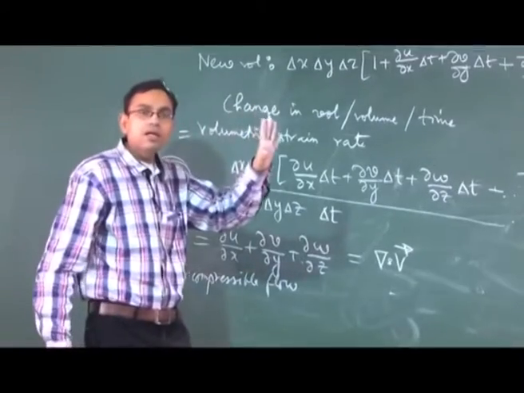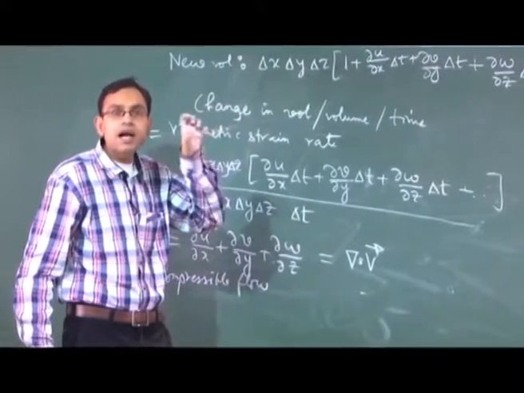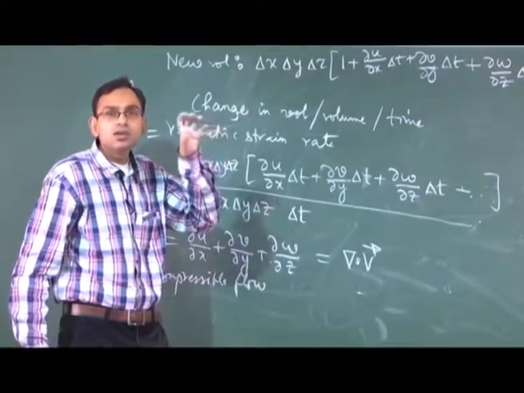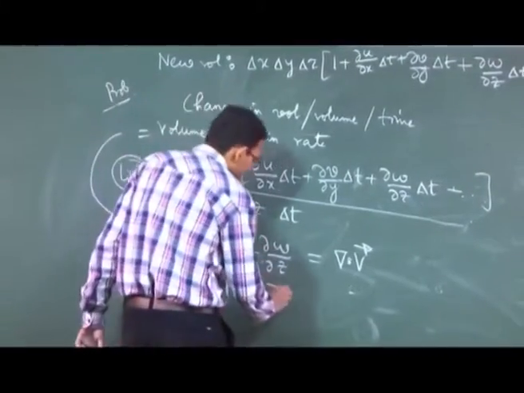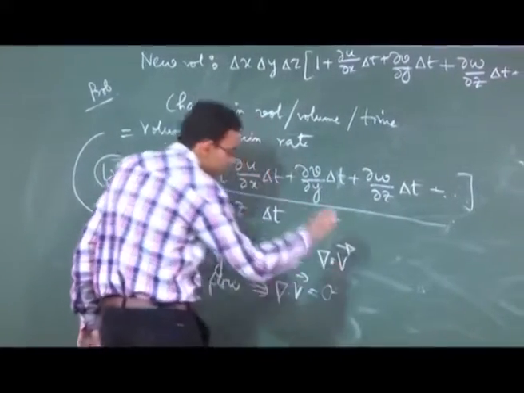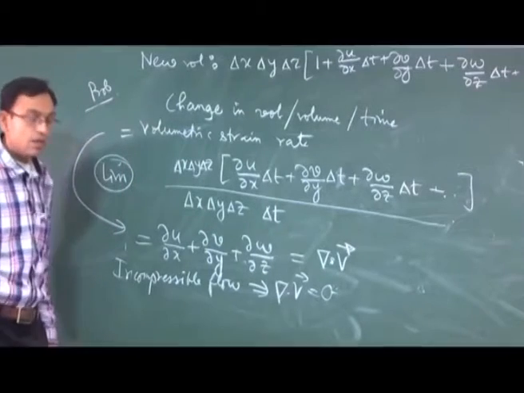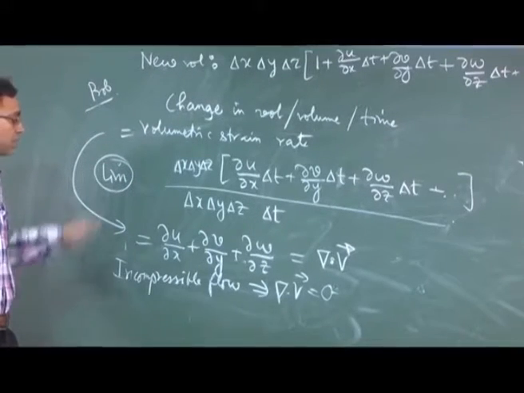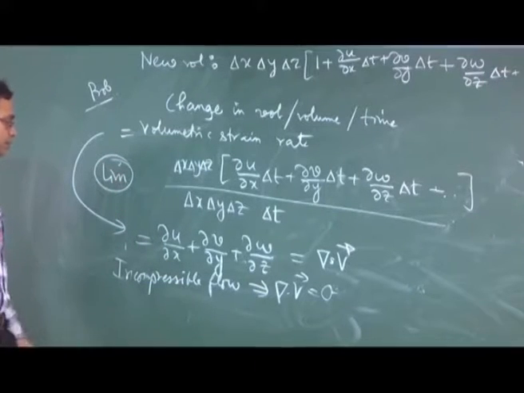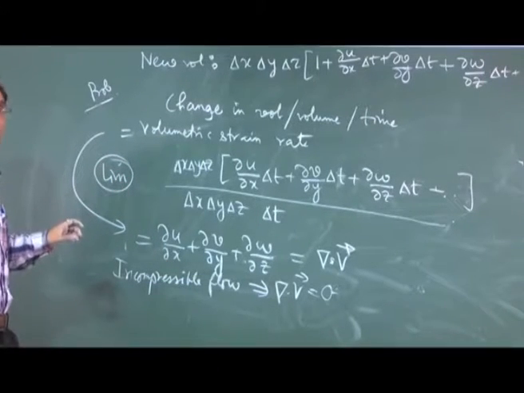Again I am repeating, incompressible flow is a kinematic definition where there is no volumetric strain. So, incompressible flow means divergence of the velocity must be 0. So, this is the condition or constraint of incompressibility of flow.